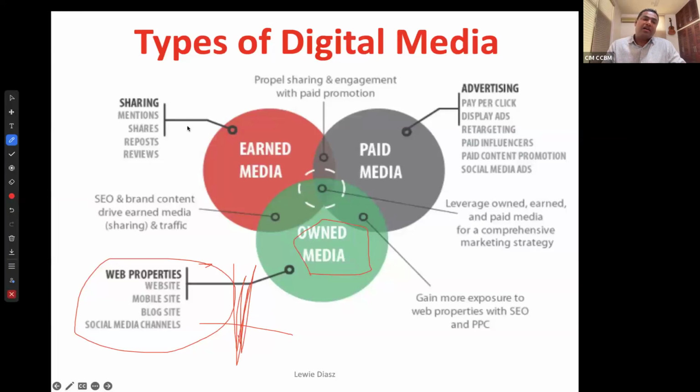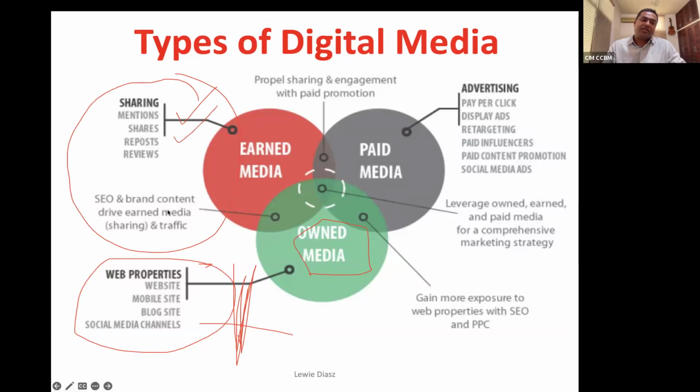Then earned media is when you post things, people share them, people comment, repost it on Twitter. So this will have organic reach. This organic reach is called earned media because you earned it free. You earned it free, you not paid anything, and people have shared it.